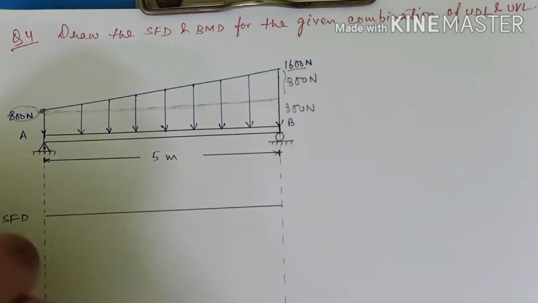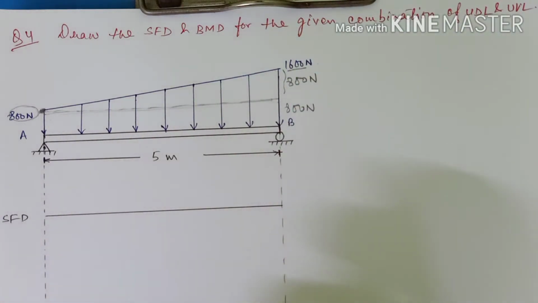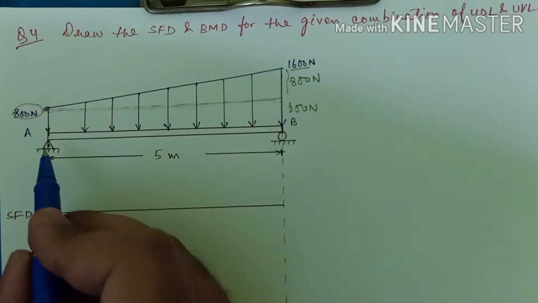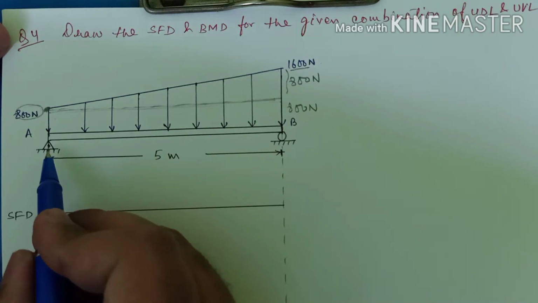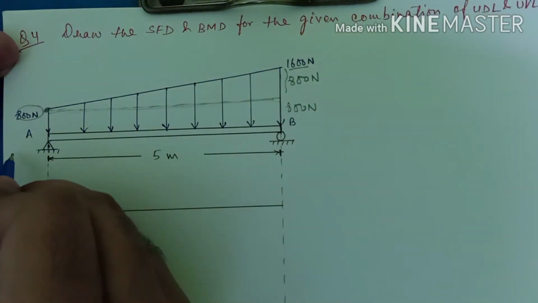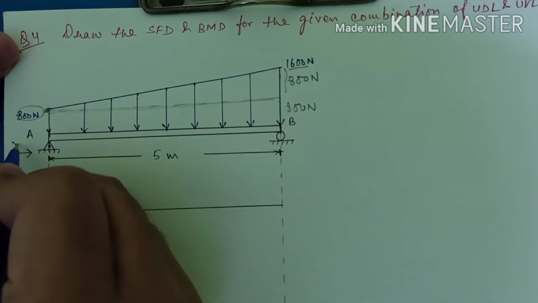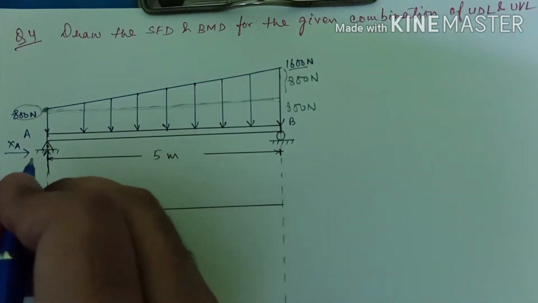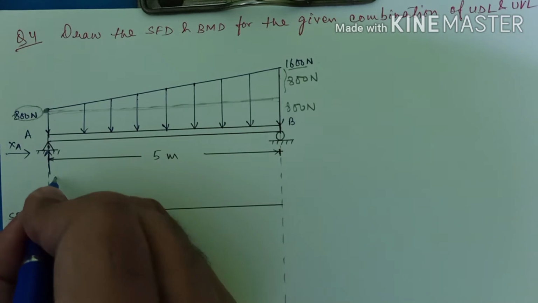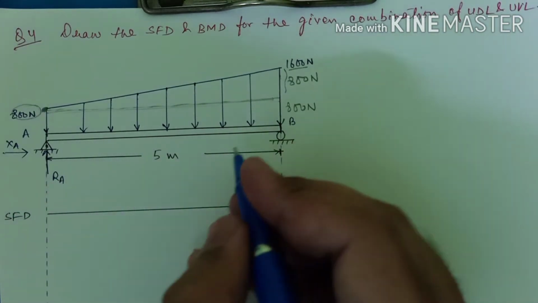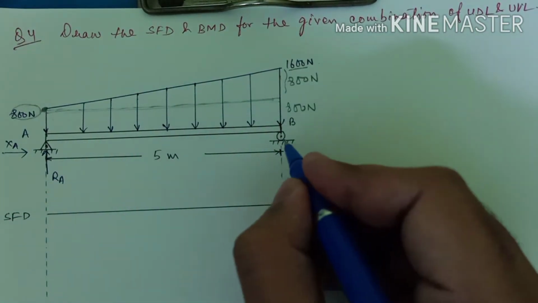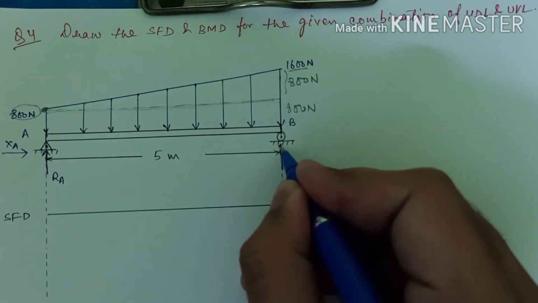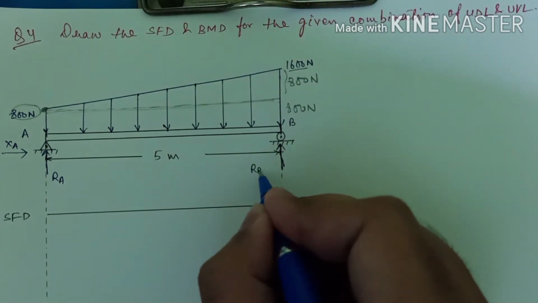Now we have to find the values of the reactions. In the leftmost we have a pin joint or a hinged joint, and we'll have two kinds of reactions. One is horizontal, let us say this is XA, and one will be acting vertically, let's say that is my RA. And this is a roller joint, so we will have only one reaction, that is RB.